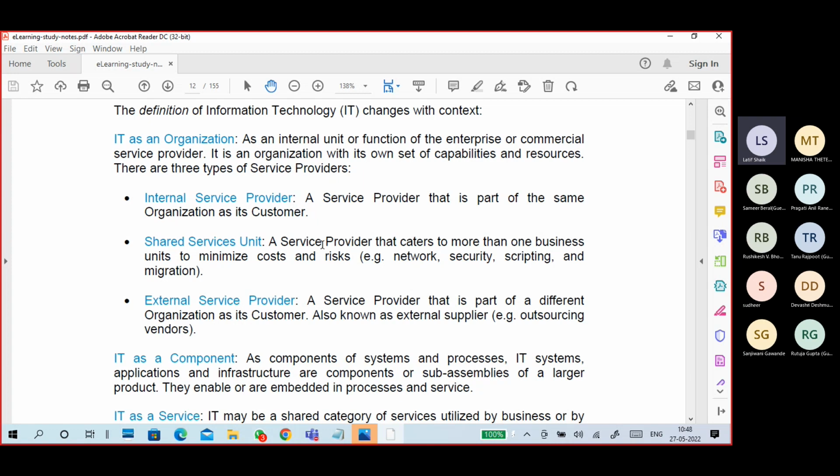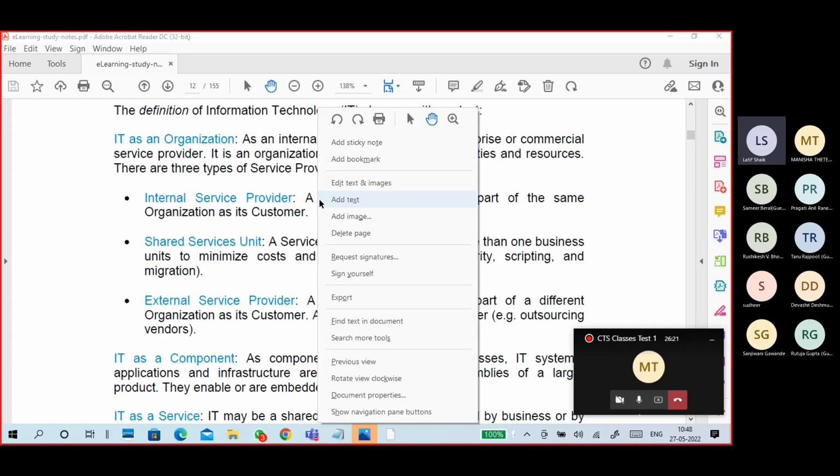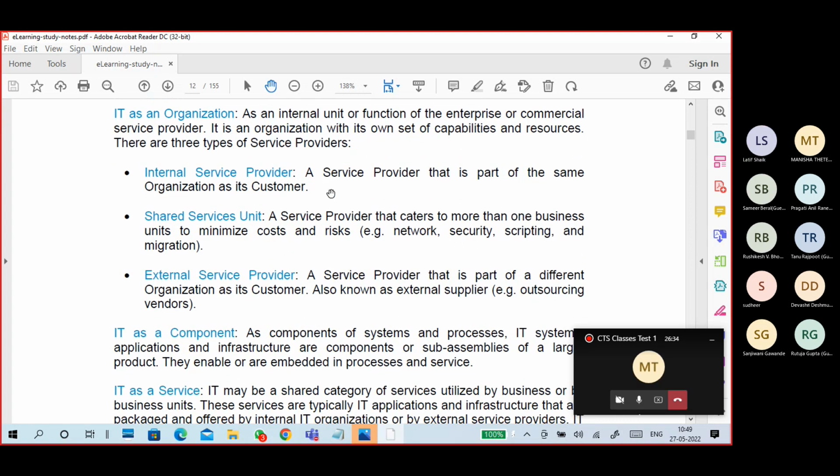It means if I require mail communication, or have a Teams-related problem, I ask my internal people.